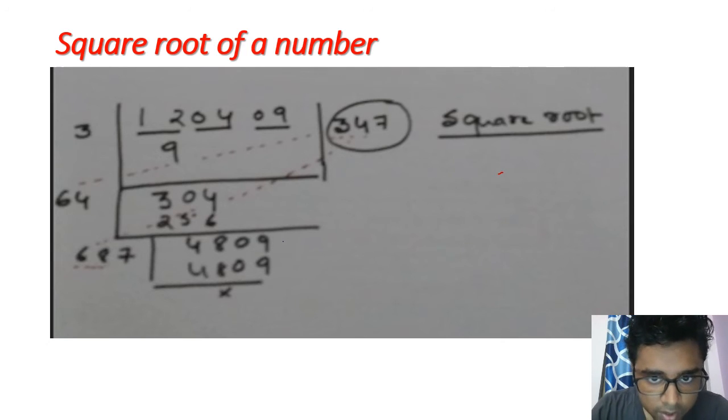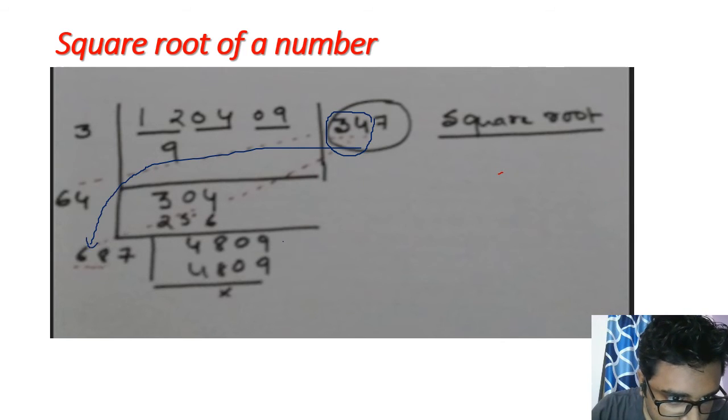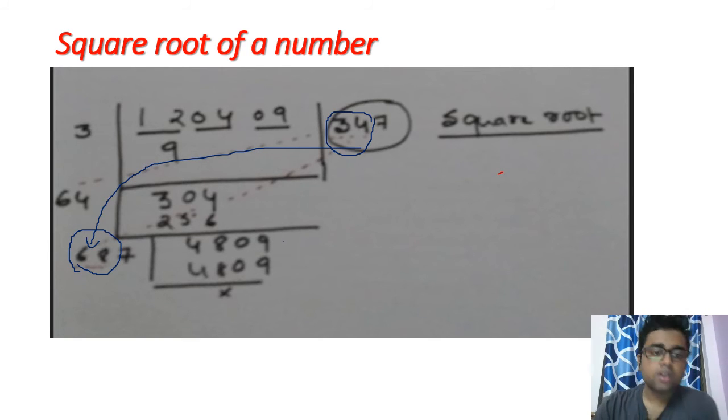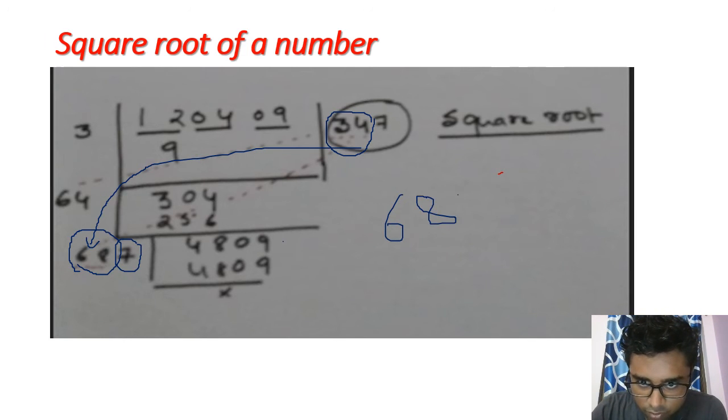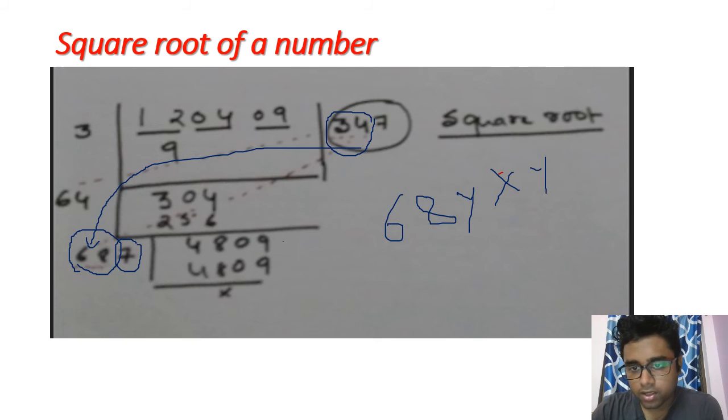Okay, now we have already got 34. We have to multiply it by 2. We are getting 68. So now we have to give some number here y, that is 68y, so that when we multiply it by y, we get equal or nearer to the number 4809.